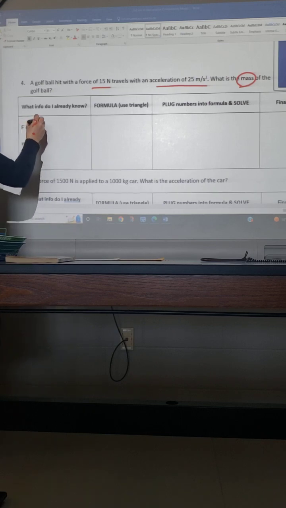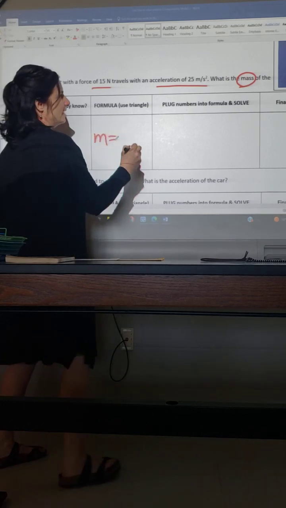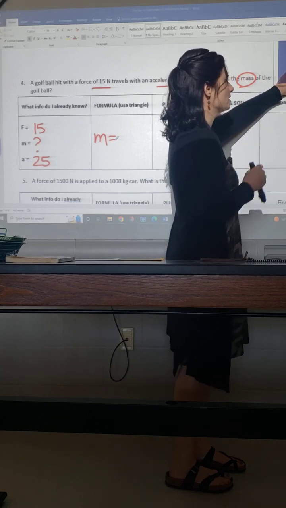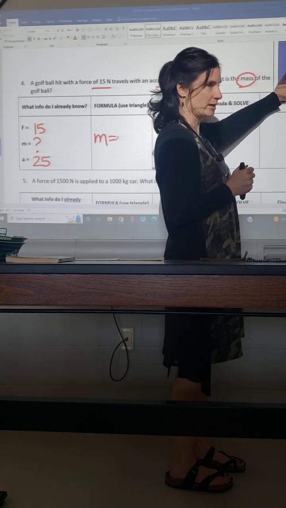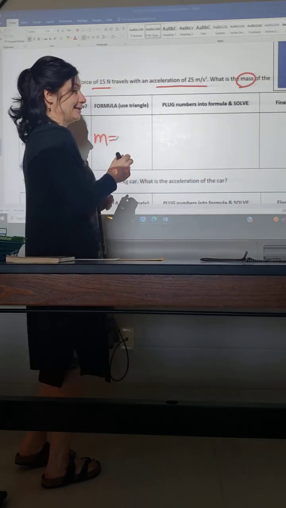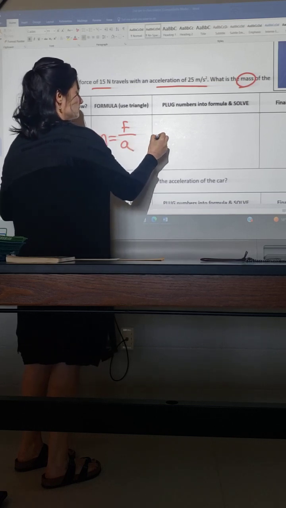And so I fill in my force of 15, my acceleration of 25, and now I need to set this up for mass. So I go to my triangle, I cover it up, and I do force divided by acceleration, correct? Look right? I've already made one mistake today, so make sure you're checking me. Good.